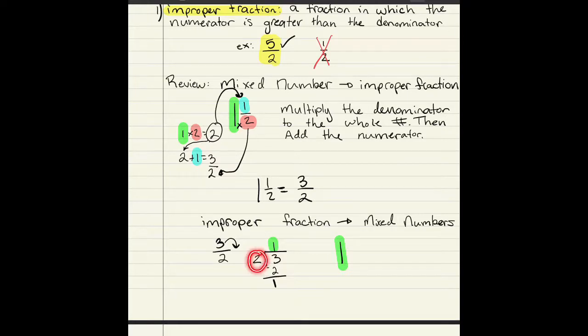So our denominator is 2. And our leftover, our remainder, is 1. And that becomes our numerator. See how that's how we get it. So 3/2 equals 1 1/2.